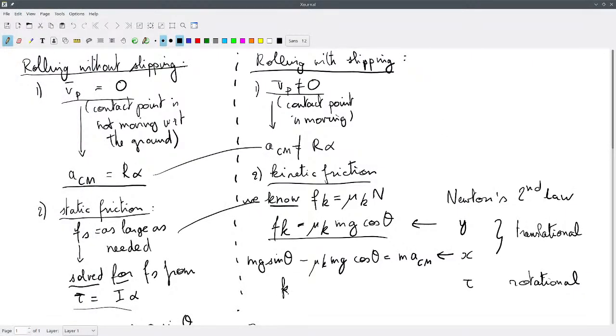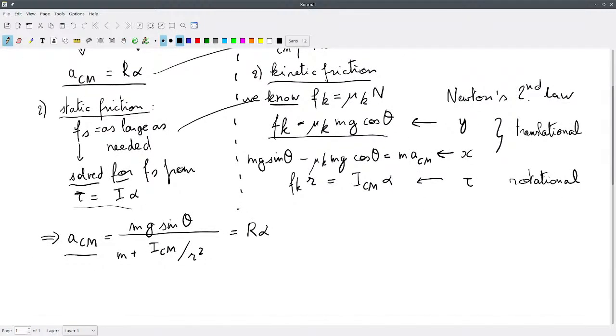So Fk times R, that's the torque, will have to be equal to the moment of inertia times the angular acceleration. What we did in the first problem, in rolling without slipping, is that we used the equations that we had and solved them for the acceleration A of the center of mass.